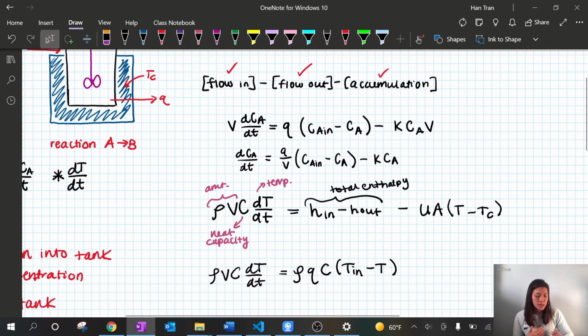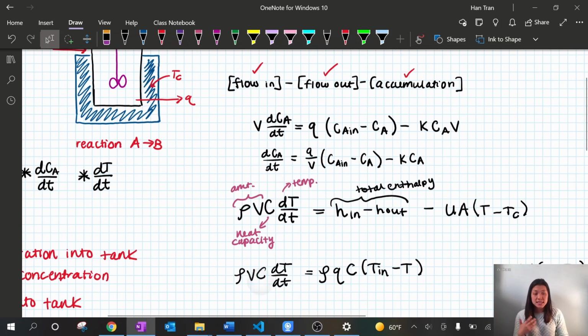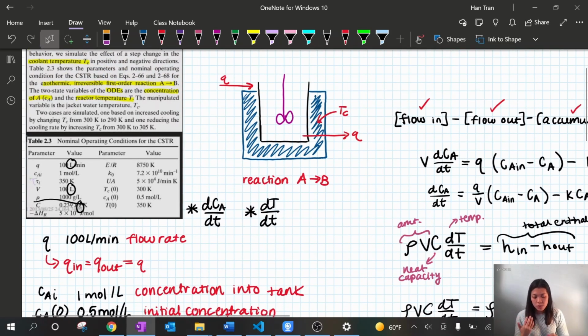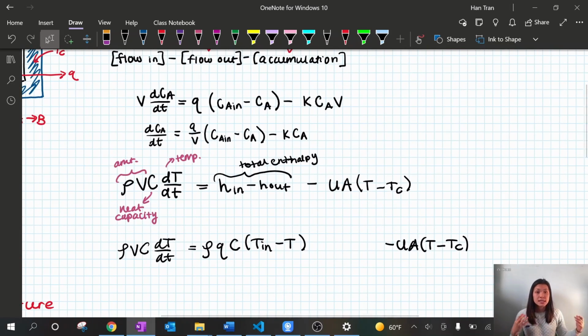And then, again, we have the heat transfer, so that's going to be the heat transfer constant multiplied by the difference between the temperature in the tank and the coolant temperature. But we're missing one more thing, and that is the temperature change due to the reaction. So we know that this is an exothermic reaction, so there's going to be heat energy added to the tank due to the reaction.